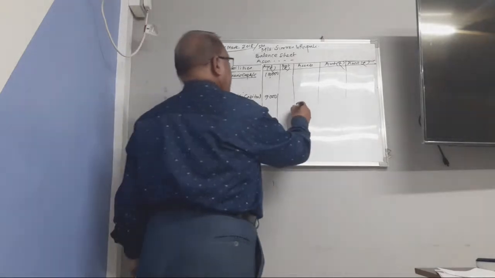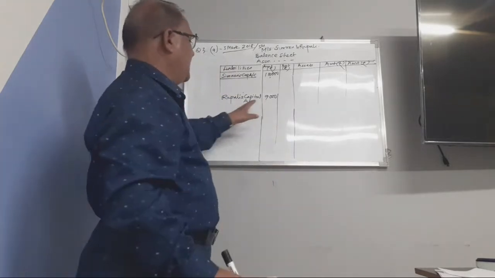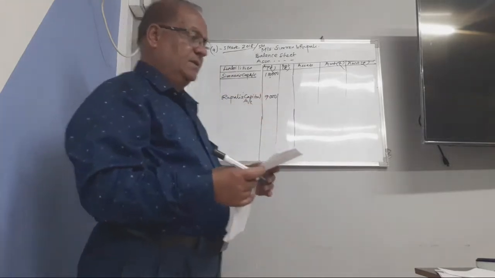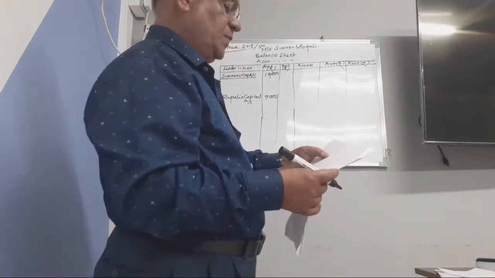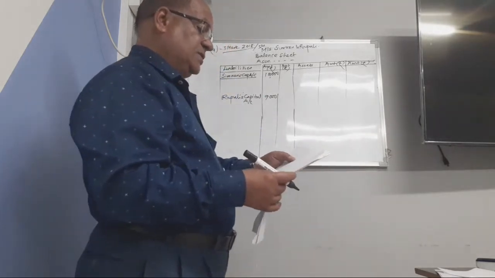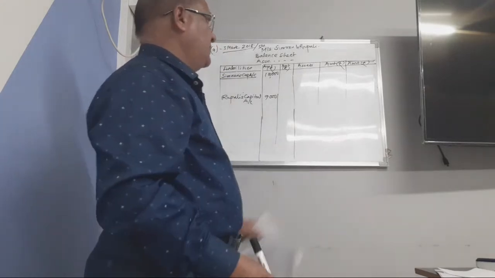I'll put this amount in the inner column because the net profit is there. We have to distribute and add the net profit to those capitals. Simran and Rupali are given, and then the profit is given to you: 9,000.